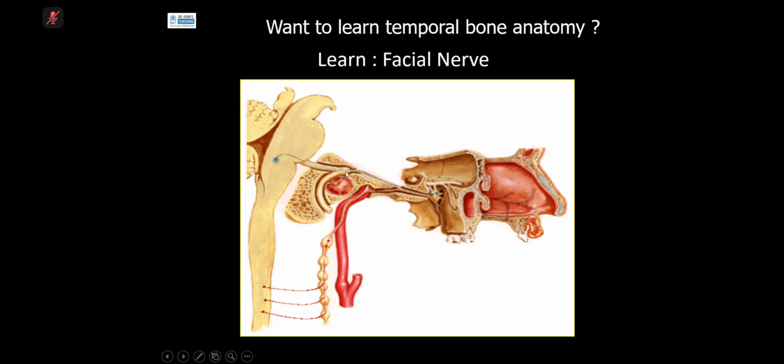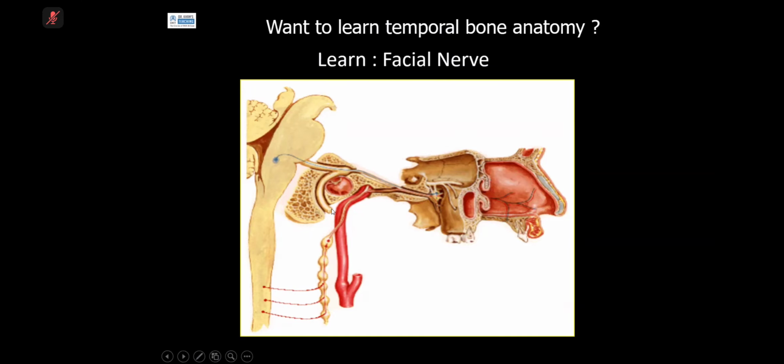This portion initially is known as the labyrinthine portion. There is a geniculate ganglion, and from here branches go anteriorly, and then there is a tympanic portion, which is at the medial wall of the mesotympanum, and then there is a descending portion which goes into the stylomastoid foramen.